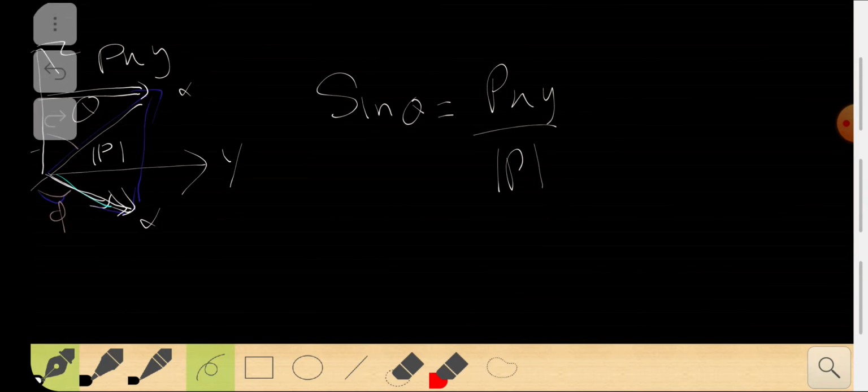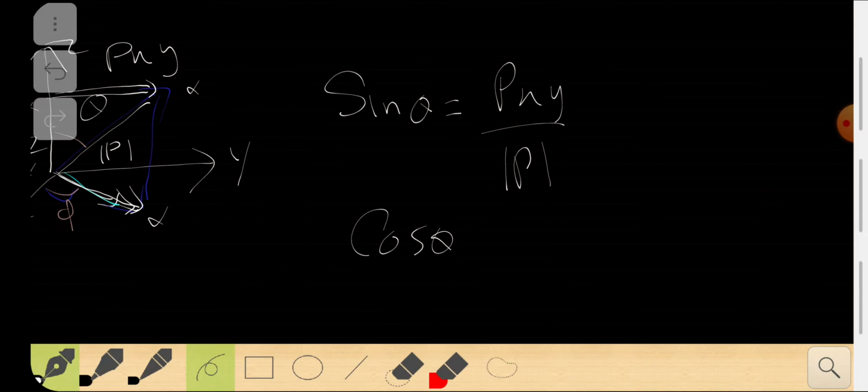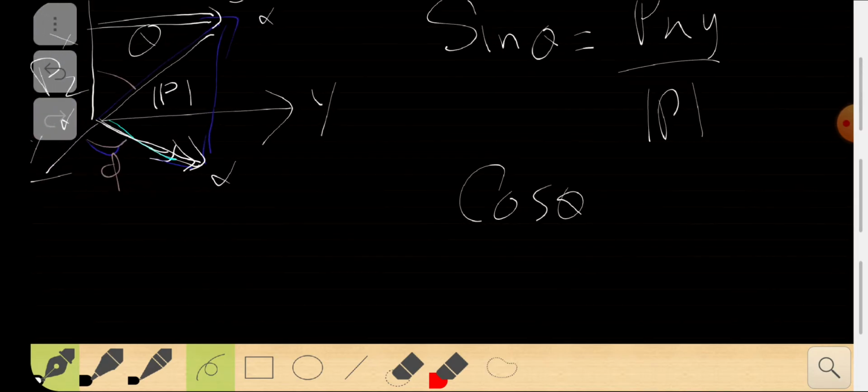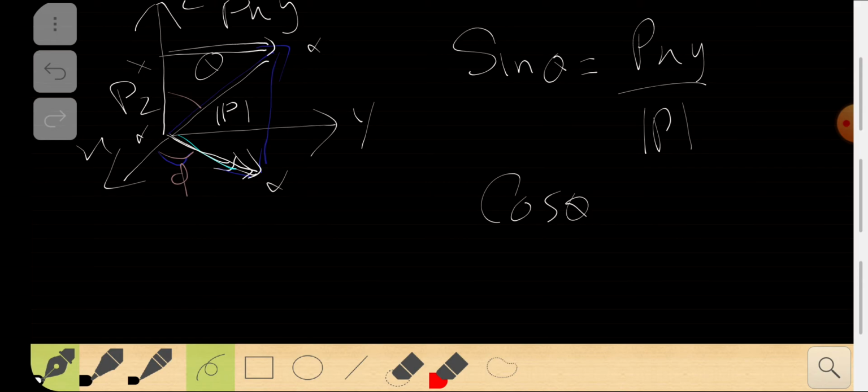Similarly cos theta will be pz by magnitude of p. So you got sine theta and cos theta here.